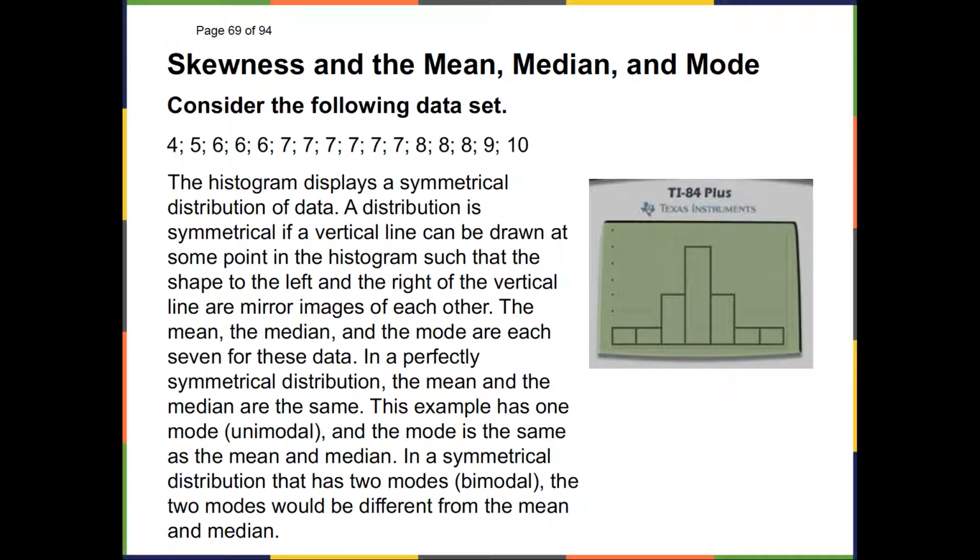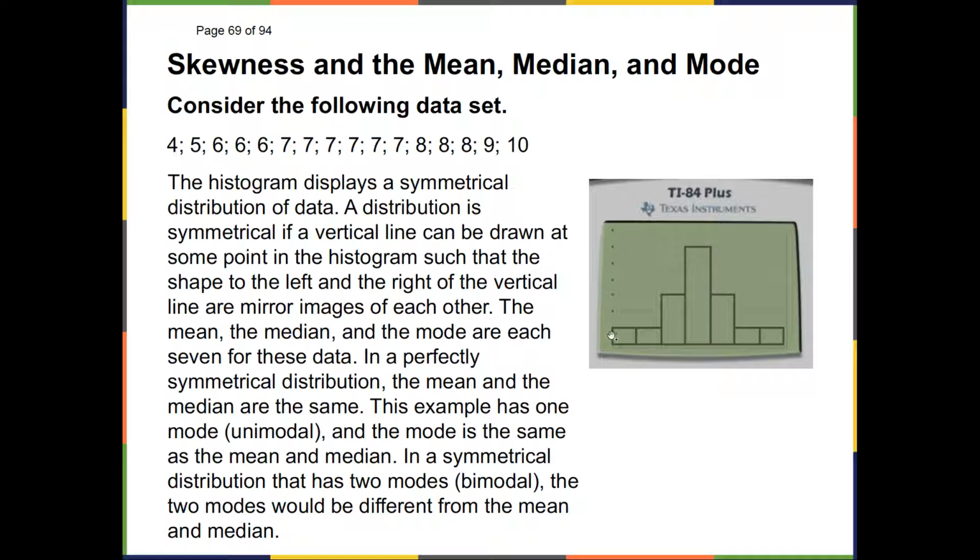Now that I have a sense of the middle of the data, meaning the mean and the median, I want to understand the skewness, meaning how spread out is it? Is it symmetrical? Or is there a long tail, meaning that either this end or this end is really long, and then there's a peak, and then it goes down really fast? Here, this looks pretty symmetrical. This tail is kind of like this tail, this side is kind of like this side, and you've got your peak in the middle.